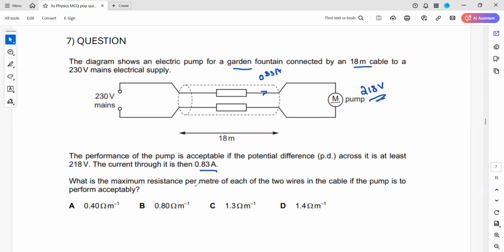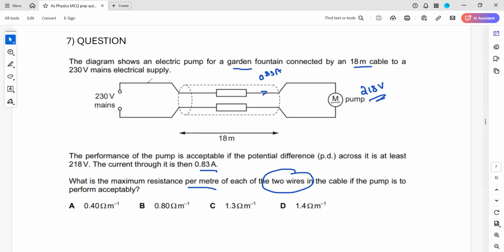What is the maximum resistance per meter for each of the two wires if the pump is to perform acceptably? So first, what we have to do is work out the potential.